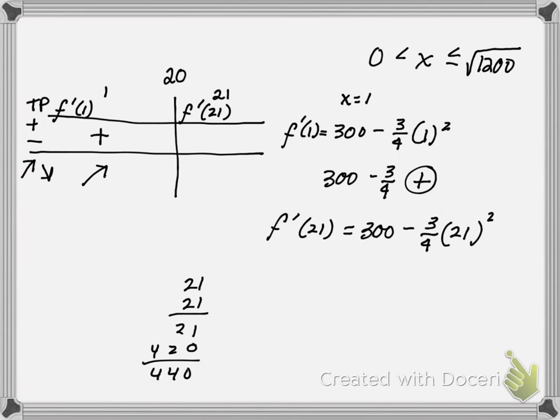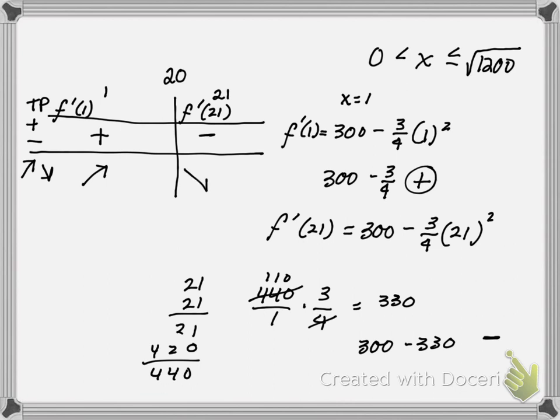If I take 440 and multiply that by 3/4, the 4s will cancel, so I get 110 times 3, which is 330. So you basically have 300 minus 330, which results in a negative number. That means my function is decreasing.